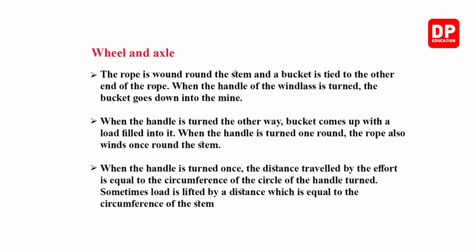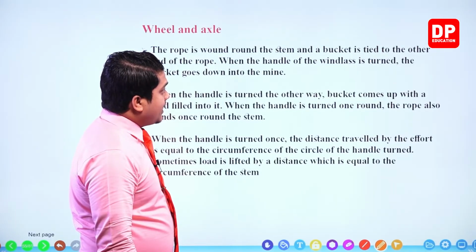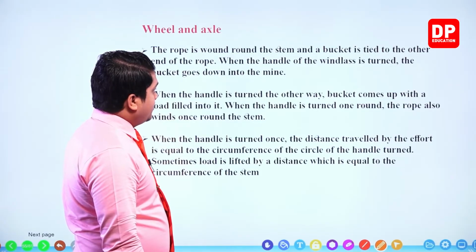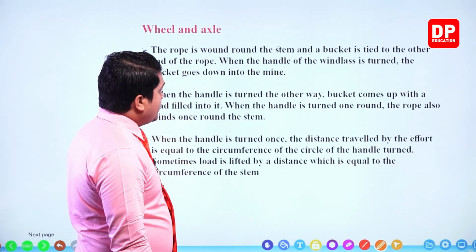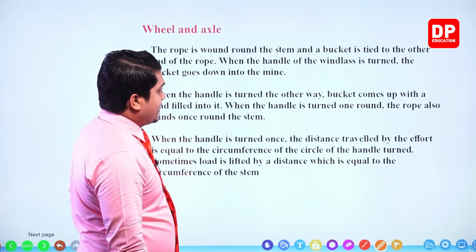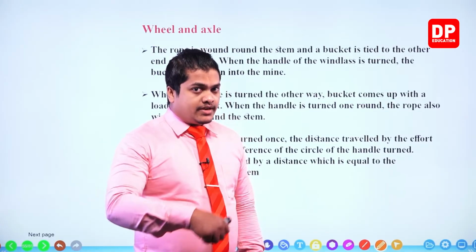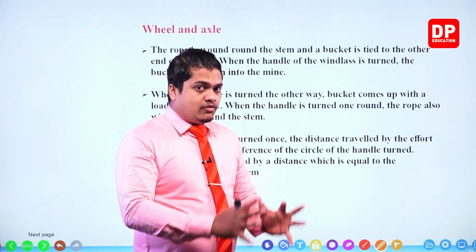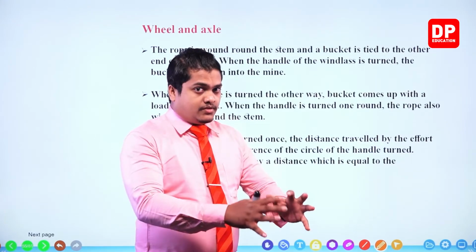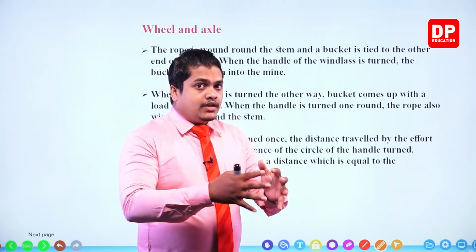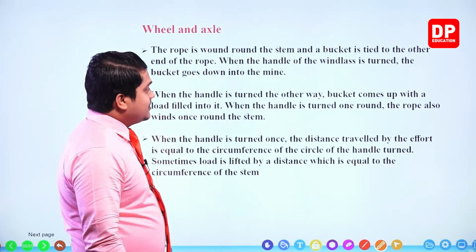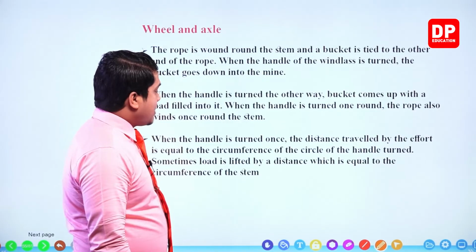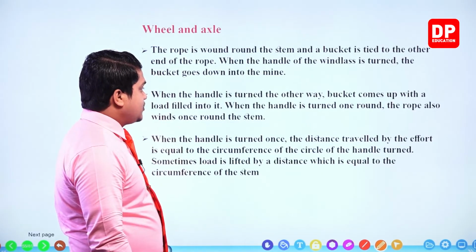Then the rope is wound around the stem and the bucket is tied to the other end of the rope. When the handle of the windlass is turned, the bucket goes down into the mine. Like I said, when you turn it one way, the bucket connected to the windlass goes downward. When the handle is turned the other way, the bucket comes up with the load filled into it.